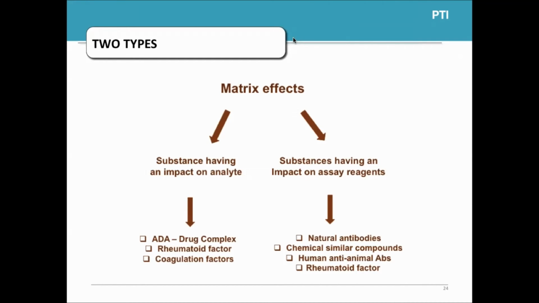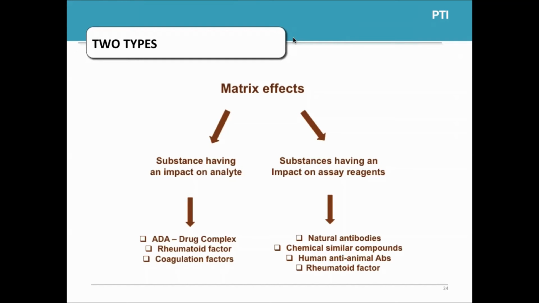There are two types of matrix effects: one is a substance that has a direct impact on the analyte itself, but there are also substances having an impact on the assay reagents. In most cases, substances having an impact on the assay reagents create more false positive signals, whereas substances having an impact on the analyte normally create more false negatives.